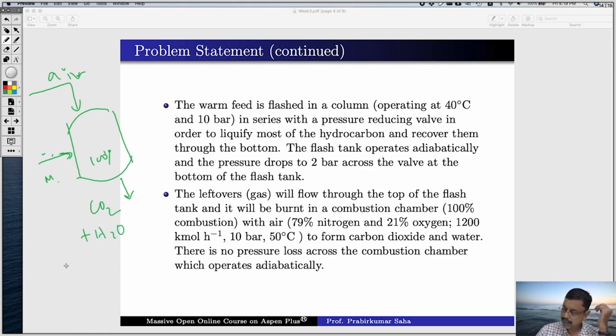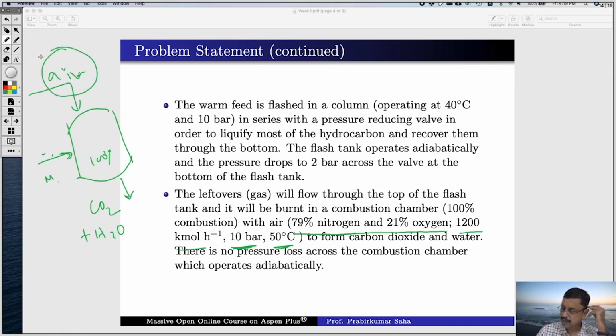So air will come with composition 79% nitrogen and 21% oxygen, and it will have flow rate 1200 kilomoles per hour, and here it will have the pressure 10 bar and 50 degrees centigrade. So this is the operating condition of air.